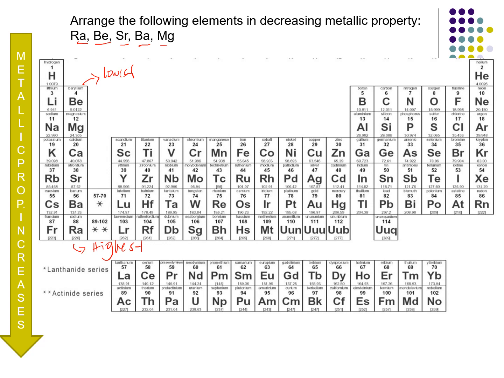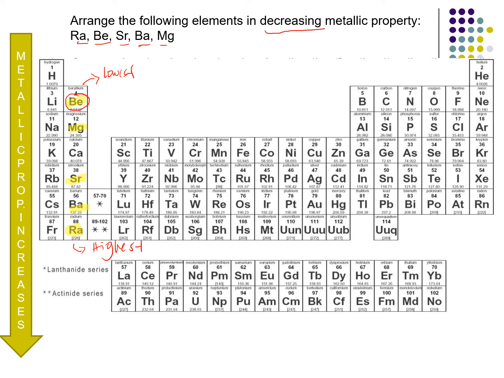Pataas ng pataas. So kung aayusin natin to, ano ang arrangement niyan? Siyempre, identify natin yung mga elements. Ito si beryllium, si radium, we have strontium, barium, and magnesium. Ang arrangement daw ay decreasing.